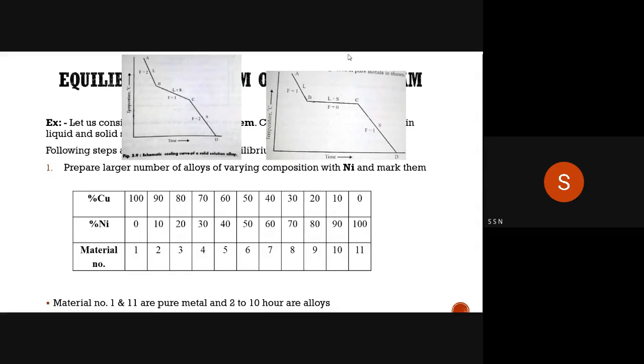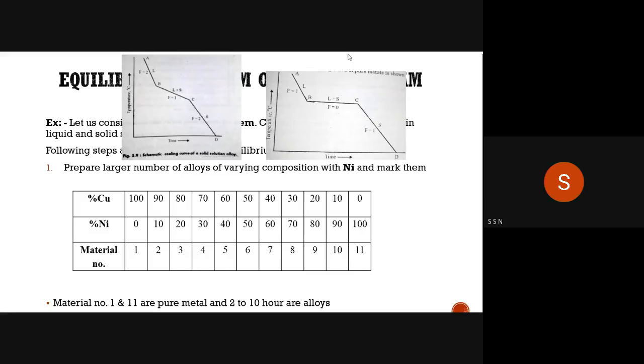In between material 1 and 11, the percentage of copper and nickel is varied. For the second material, the percentage of copper is 90 and the percentage of nickel is 10. For the third material, the percentage of copper is 80 and nickel is 20. Like that, we have varied the percentage of copper and nickel in different materials.